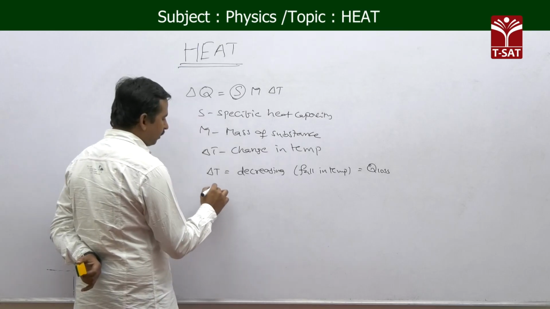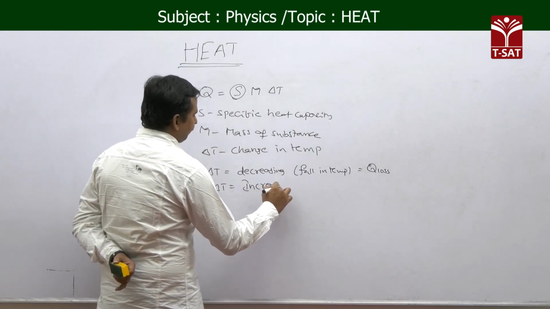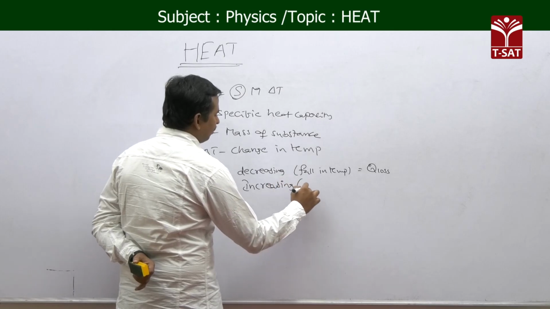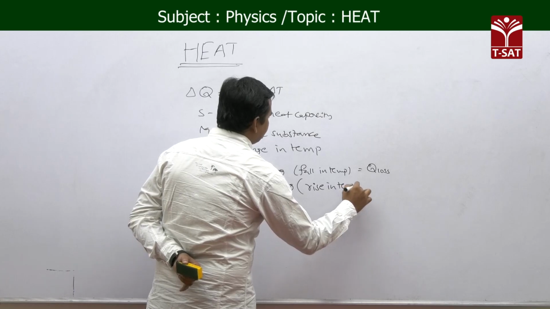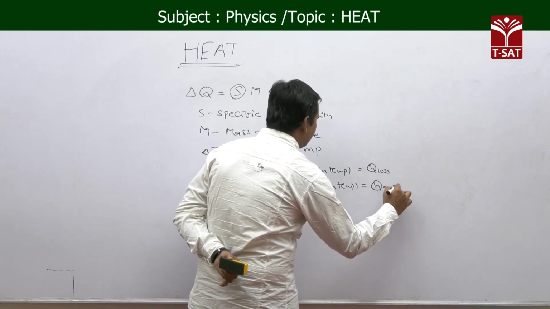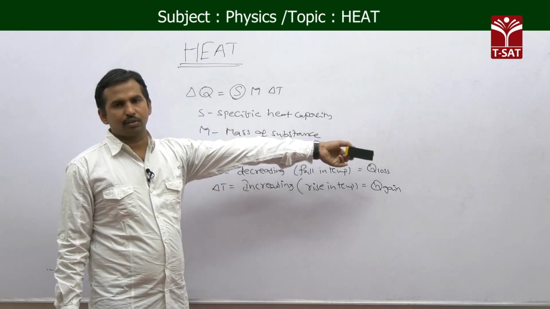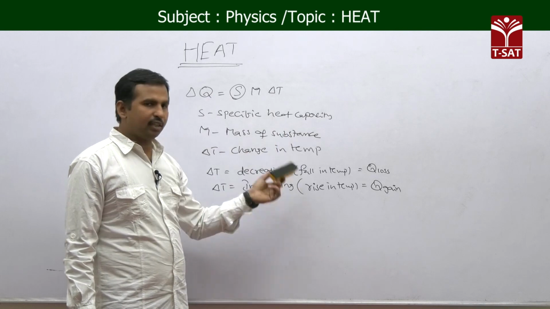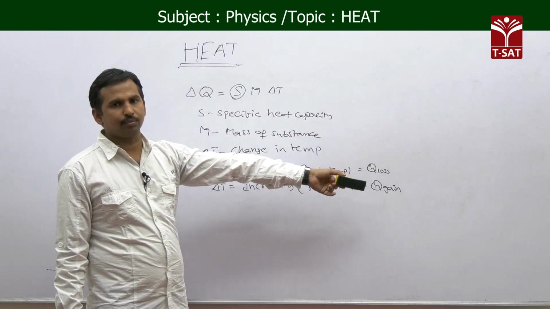And if delta T is increasing, it means there is a rise in temperature, which is nothing but gaining heat, Q gain. So delta T decreasing means there is a loss of heat, and delta T increasing means there is a gain of heat energy for this substance.